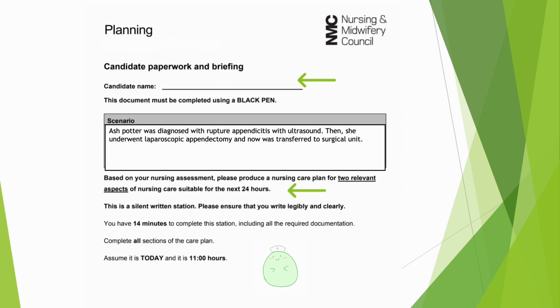Maybe they will ask you to please produce a pre-operative nursing care plan, or maybe it's a post-operative care plan. So remember, spend time to really read the scenario, because otherwise you will fail your planning because you make an inappropriate or unrelated care plan.